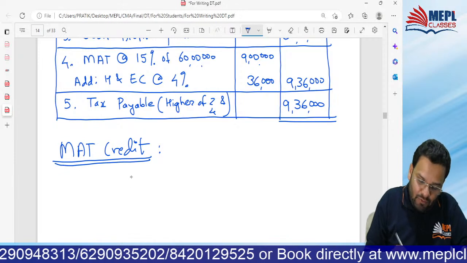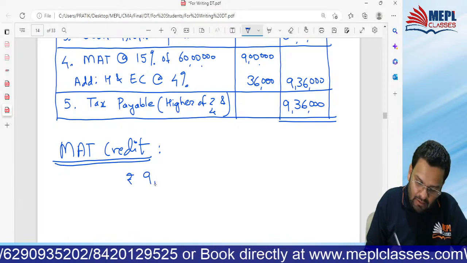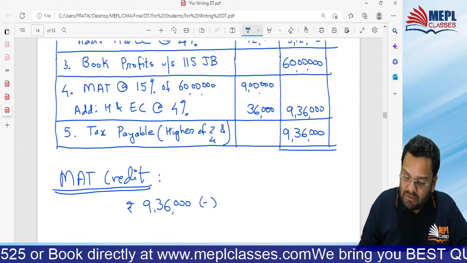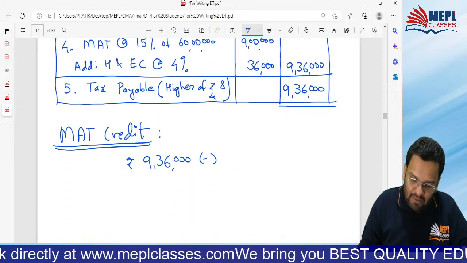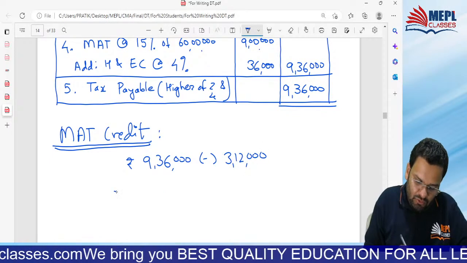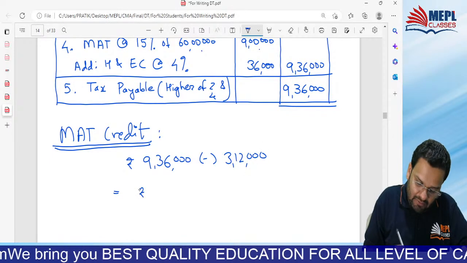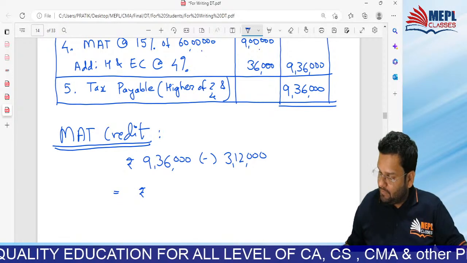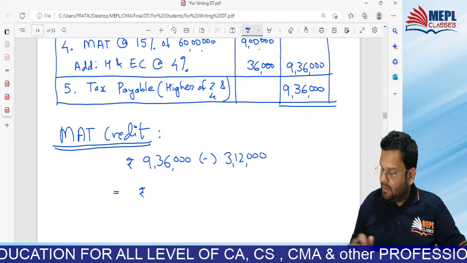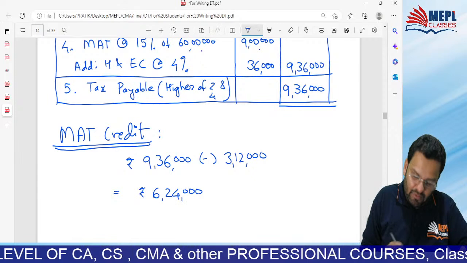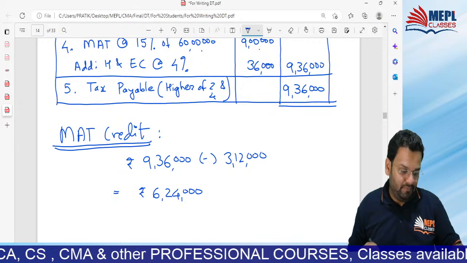So MAT credit will be 9,36,000 minus 3,12,000. So this will be MAT credit. Are you getting 6,24,000 as MAT credit? Check.